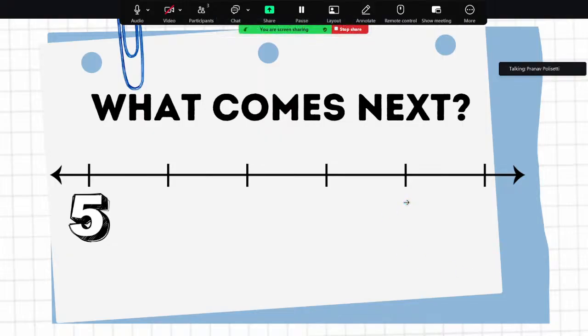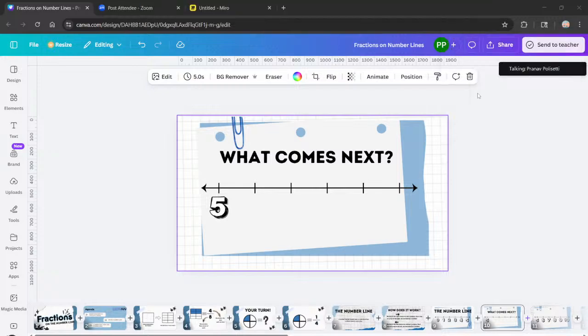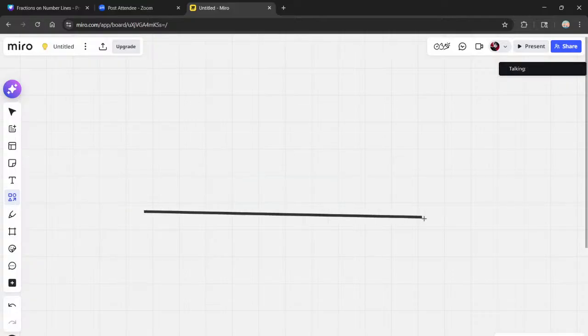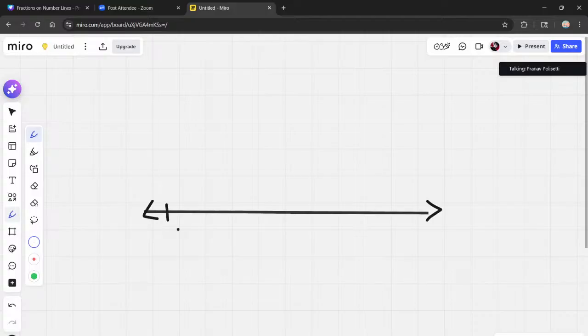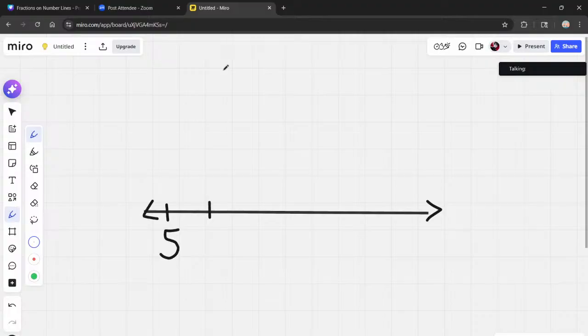Okay, I want you guys to take a couple of minutes and fill in each vertical line. So, one second. If we have another line here, and it starts at 5 instead of 0, and we have 6 total vertical lines.